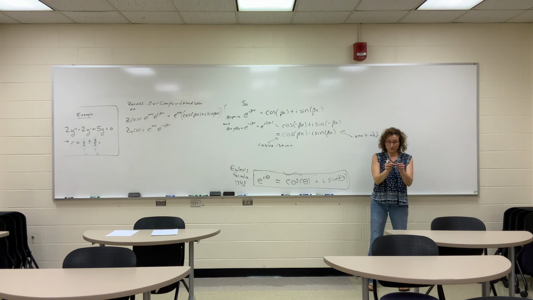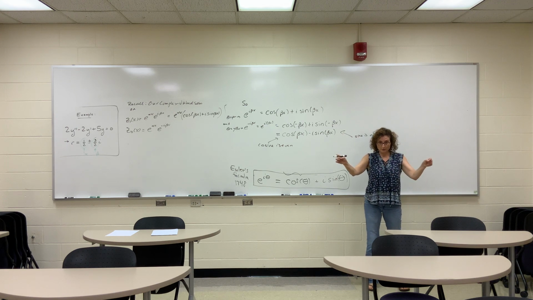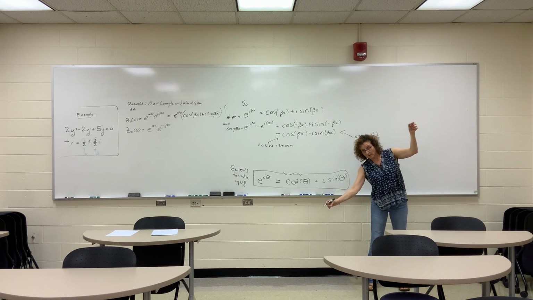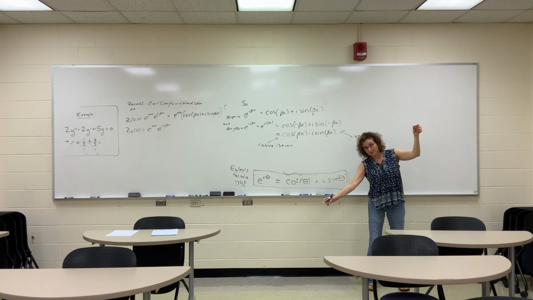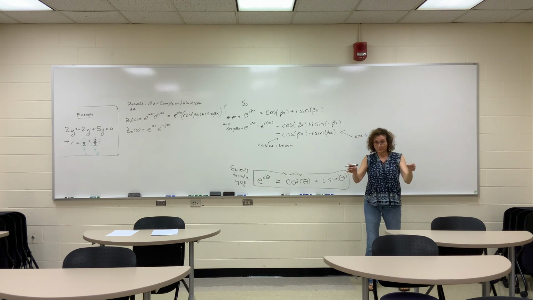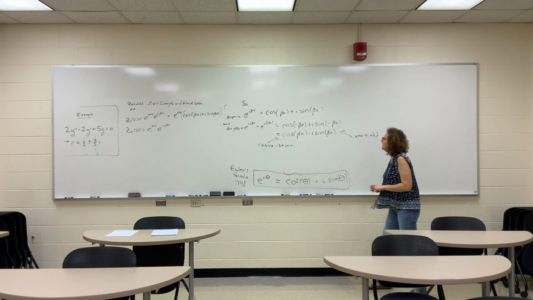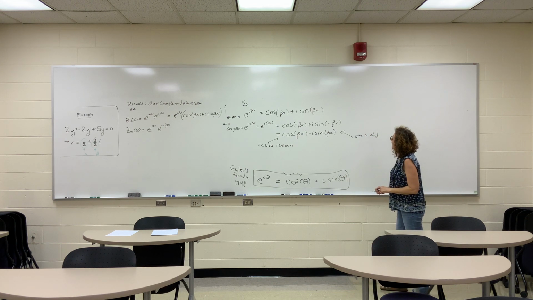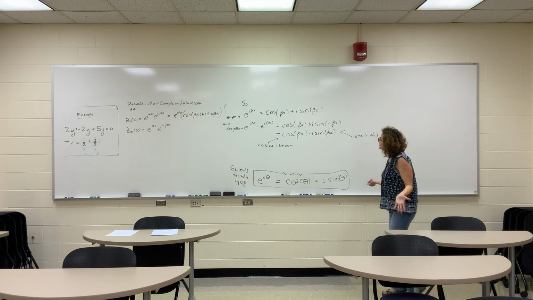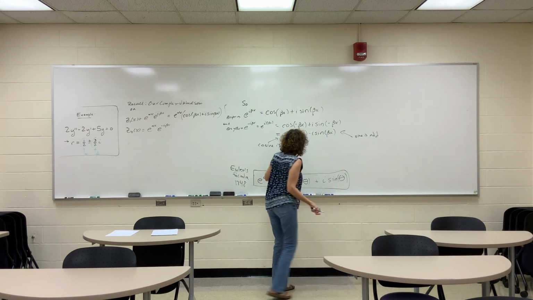If I'm at the origin and I go an equal distance away, evaluating here is going to give the opposite of down here. Does that make sense? Sine of minus beta x is minus the sine of beta x. Okay, all right.